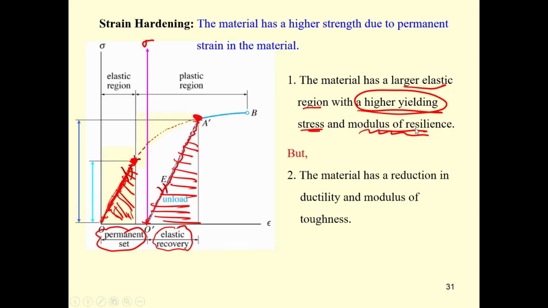And what's going to be the disadvantage? The disadvantage is the material must be more brittle or have less ductility. Previously, we should have this red value, but after strain hardening, the deformation reduced to only the yellow one.